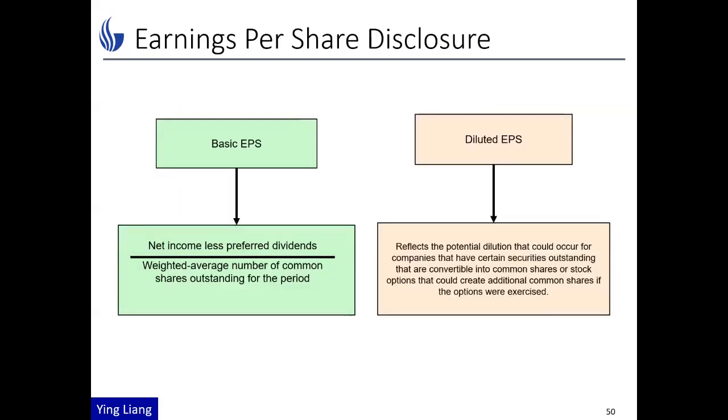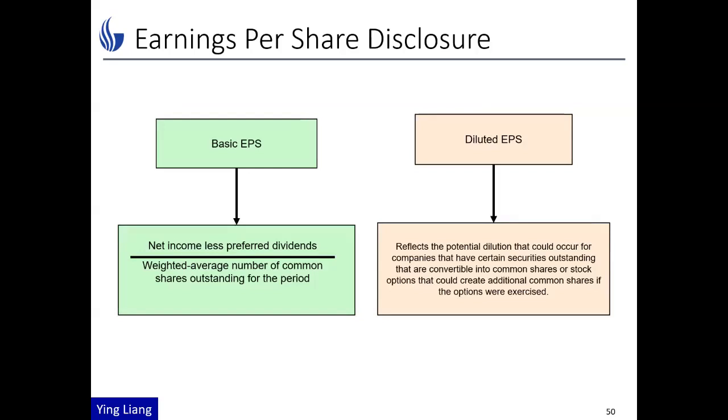Now, what about the basic and the diluted? The basic one is just what we saw before: net income minus the preferred dividends divided by the weighted average number of common shares outstanding for the period. The diluted one, what are you diluting it for?